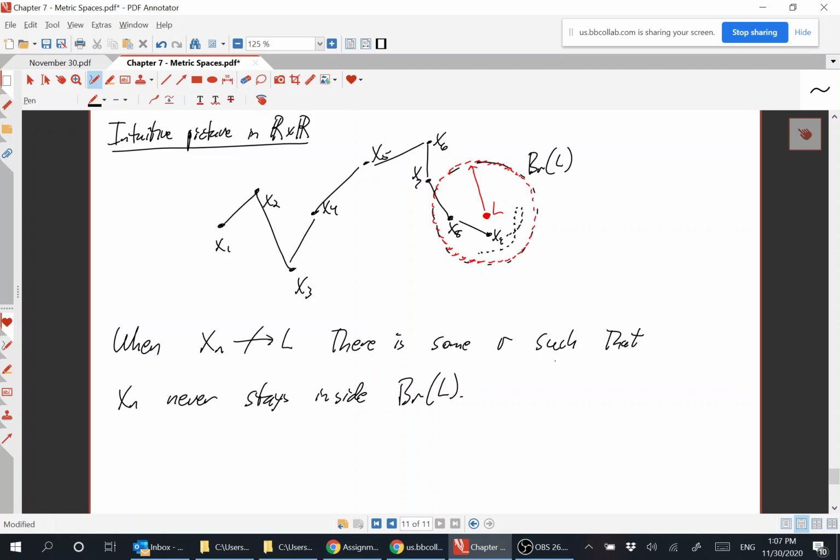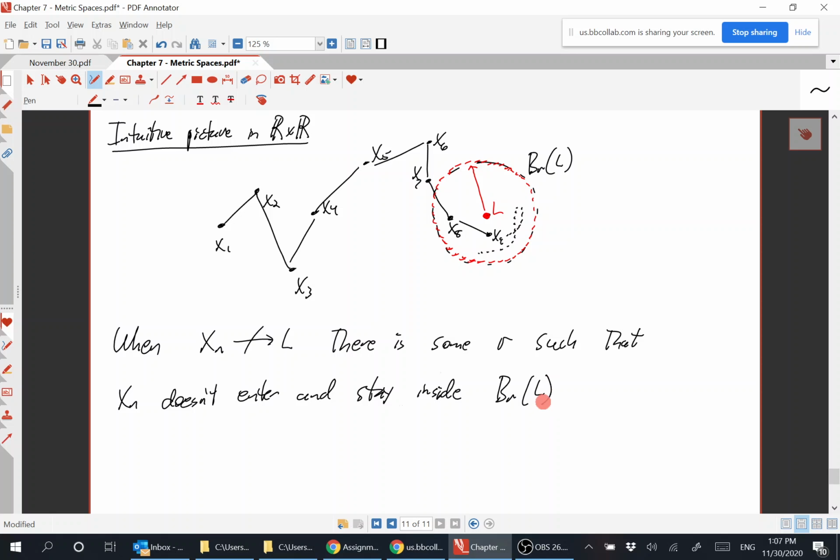It could keep going inside there, but it keeps coming out. So it doesn't get stuck in L. It doesn't enter and stay inside B_r(L).